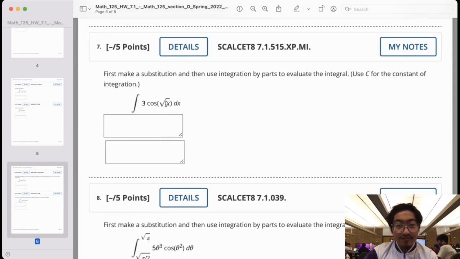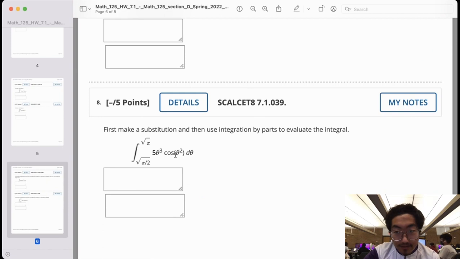This one needs a rationalizing substitution: u equals x to the 1/2, then u squared equals x, and du is whatever, then integration by parts. For this one, make a u substitution, u equals theta squared, then cancel, and then make the u substitution.